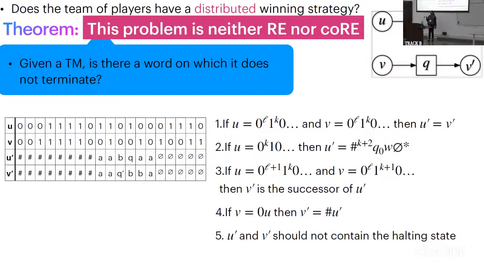So hence I can argue that the only winning strategy here, or the only feasible strategy, is that you agree on some word, and if the input is of the form 0 star 1 power k 0 something, the output must be padding hashes, then the kth configuration of the Turing machine on that word that they agreed on. It should never enter a halting state, which would mean that for whatever k it is given as the input, you should be able to output a configuration.